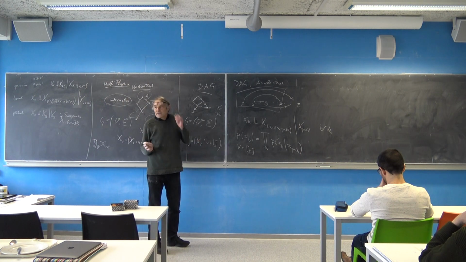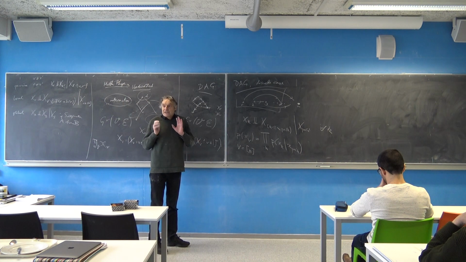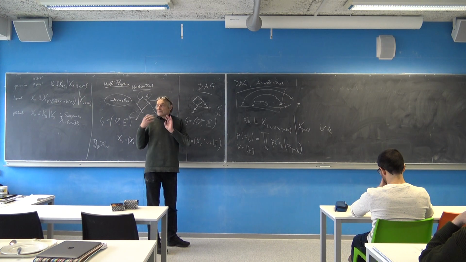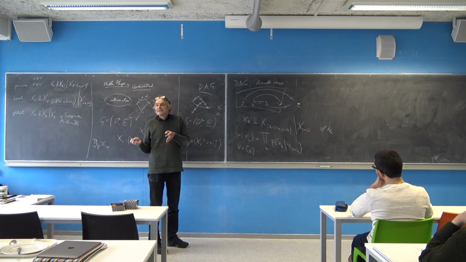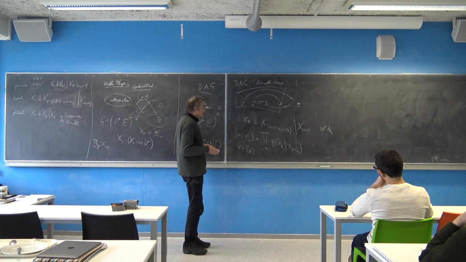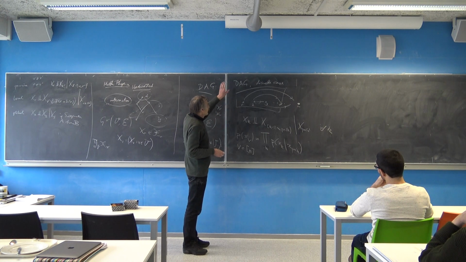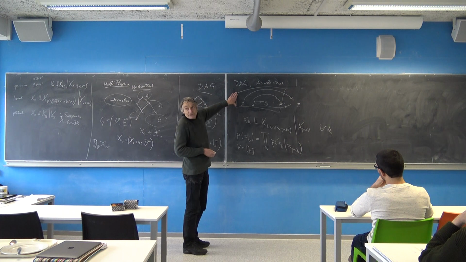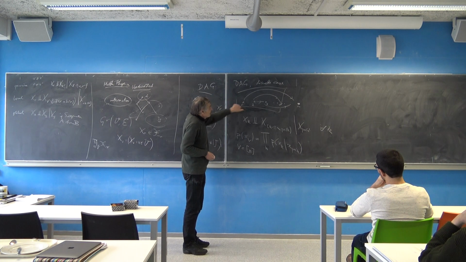Some of them may be not defined if there are things which have probability 0, but that doesn't matter because they will always get multiplied by 0, and so they won't cause any trouble. And okay, so here I've just redrawn the graph and renamed the vertices.